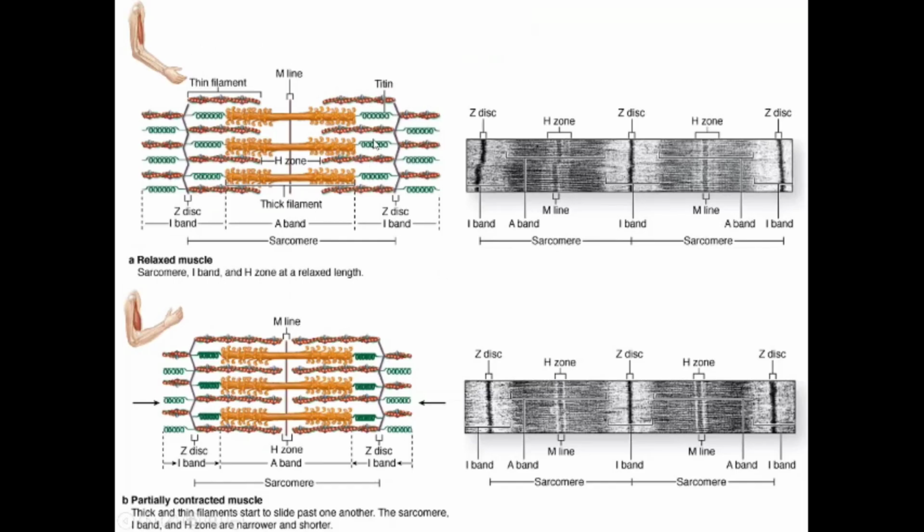Here you can see the muscle in the relaxed position. We have an I band and an A band. When we lift a very light weight, we have a partial contraction. The length of the I band decreased. The length of the H zone decreased. The overlapping area increased.